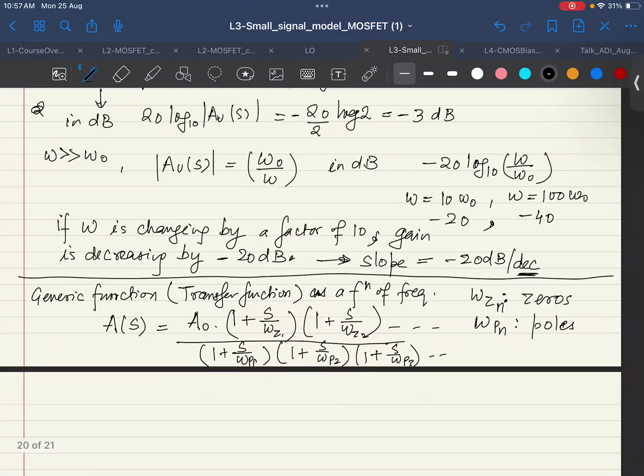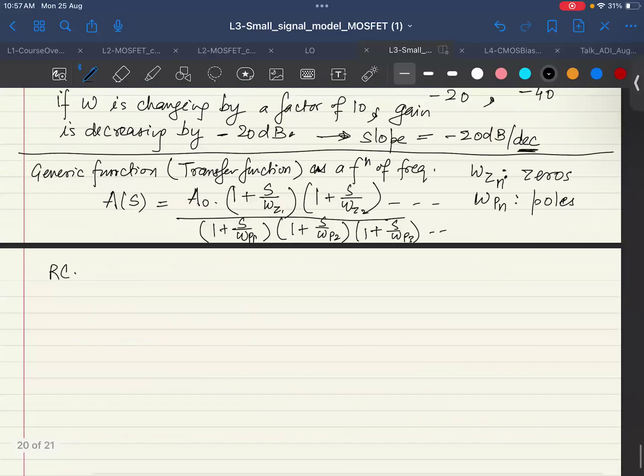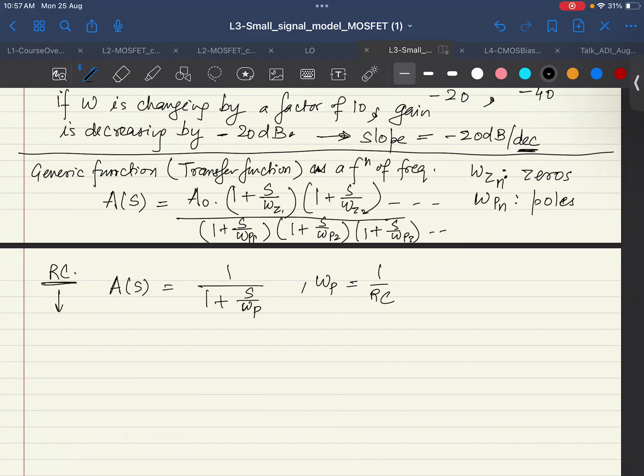And it is very clear if we see the RC circuit transfer function also, it looked like this for RC, omega p, and omega p was 1 by RC. This was the thing. How many poles and zeros does this RC circuit have? Obviously, there's only one pole. So one pole. Where is this pole? At 1 by RC.